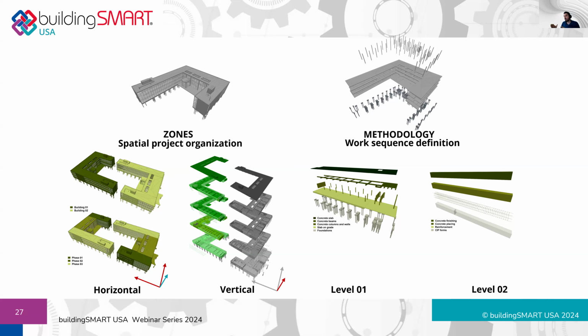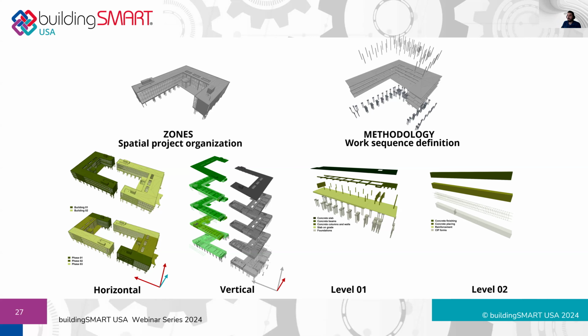The tougher part is the work sequence definition. And that is conditioned by the technology of execution, by the typology of the project, and in general by location and specific conditions on site. But this methodology, we believe, should be tied to the classification system that is used in estimation.